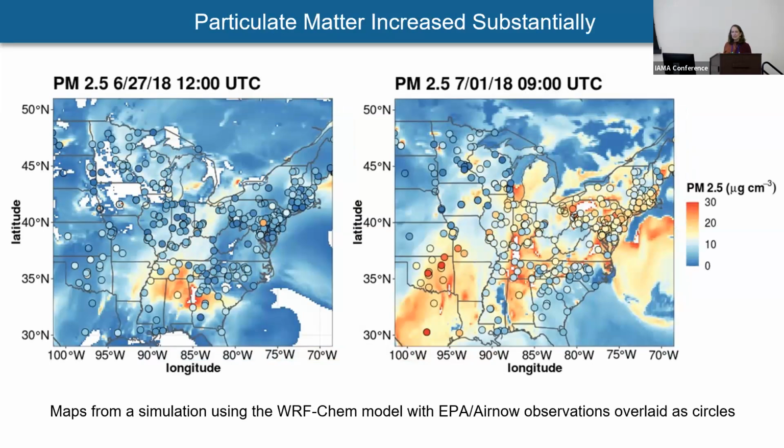Here's an example of the particulate matter where a few days before the polluted event, skies were clean. And then as this heat wave went into New England, the PM 2.5 reached values of 20 micrograms per cubic meter.